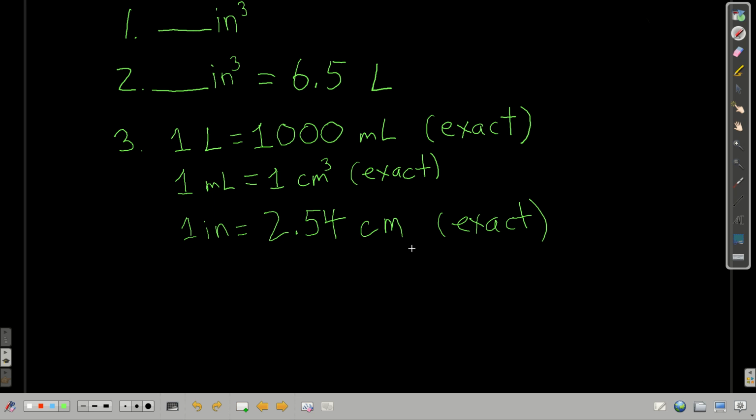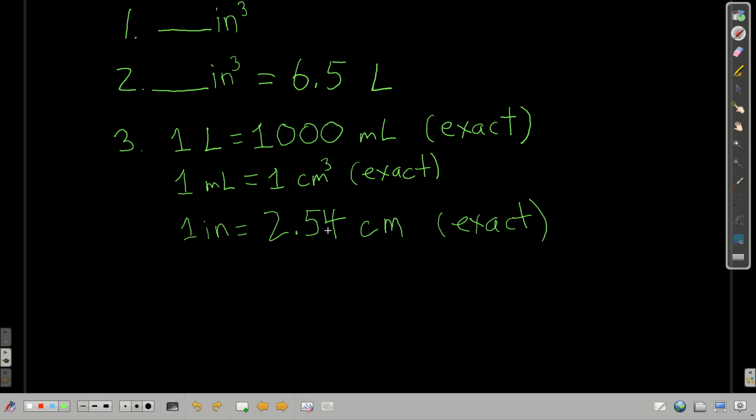It's not cubic, but here's what you do. If we knew the relationship between cubic centimeters and cubic inches, then we would have an unbroken path. We could convert liters to milliliters, milliliters to cubic centimeters, and then if this were cubed, we can convert cubic centimeters to cubic inches.